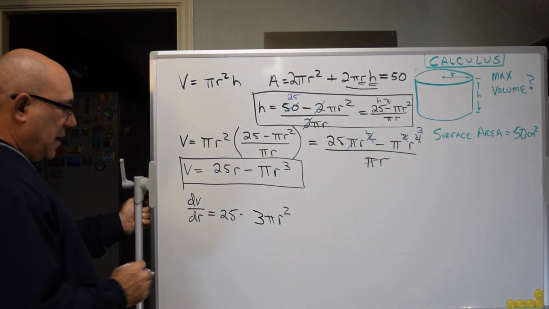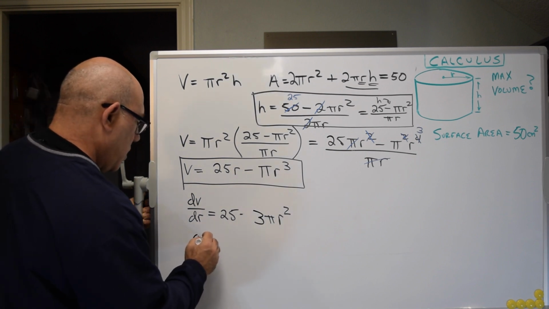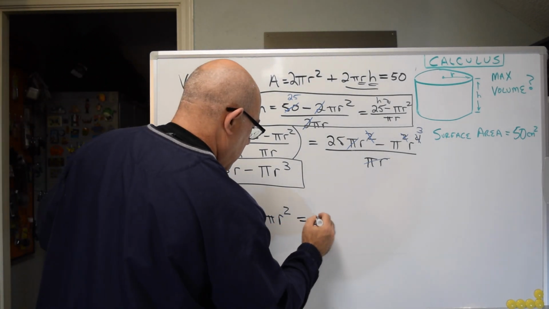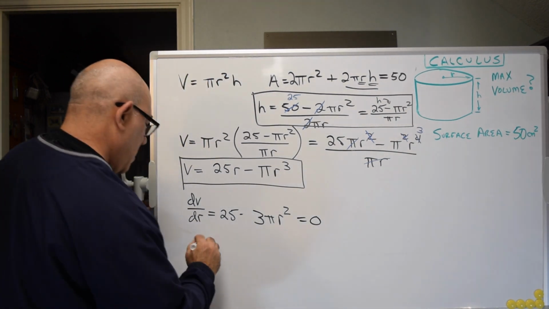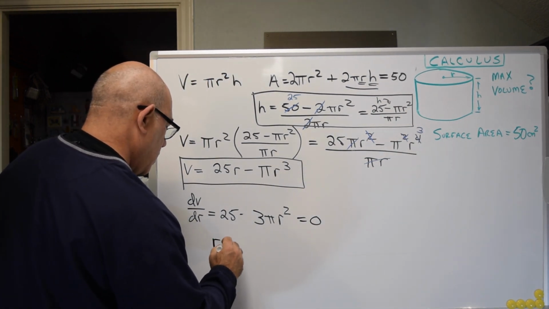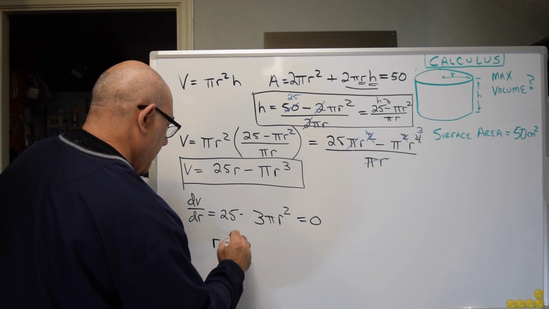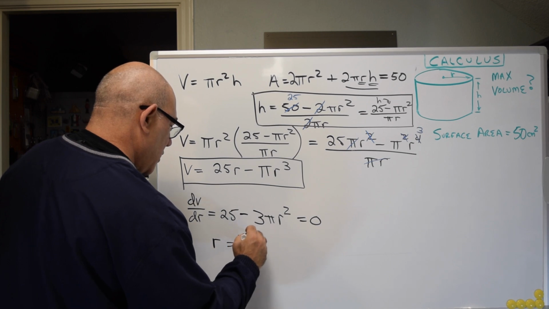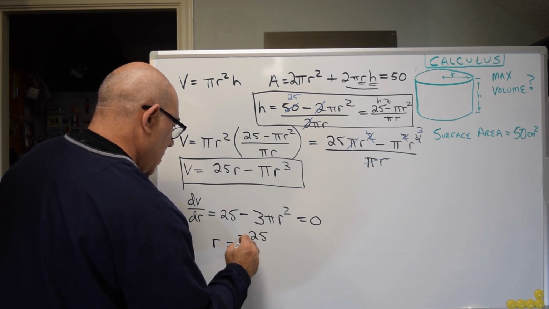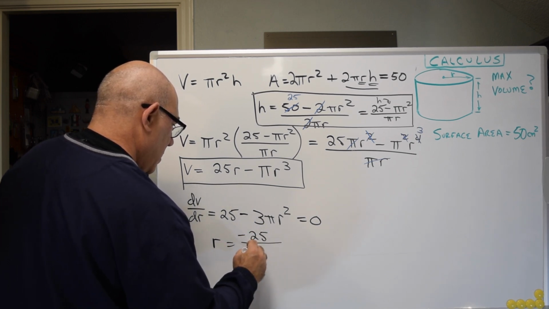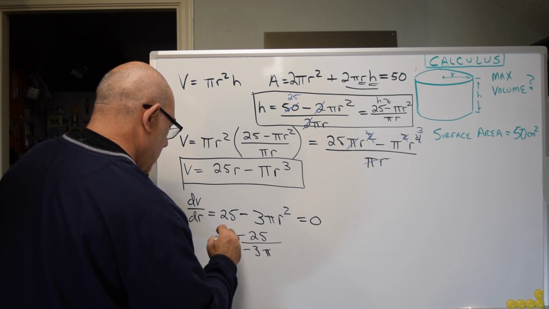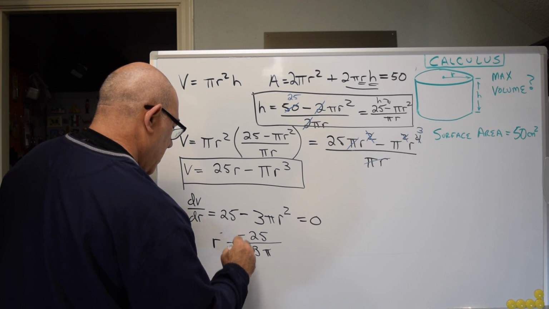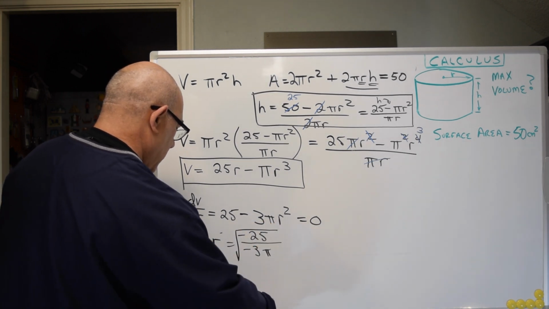Now if we set that equal to 0 and solve for r, r will equal minus 25 divided by minus 3 pi, and the square root of that, really the plus or minus of it.